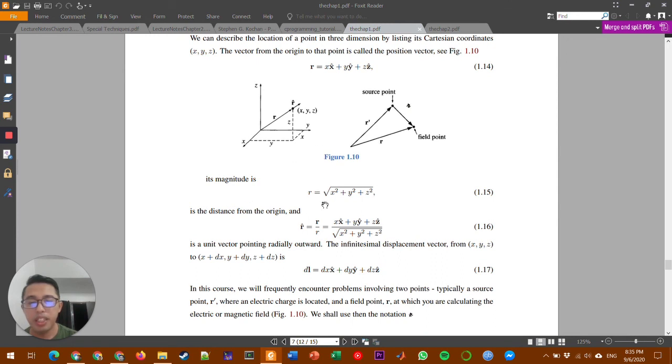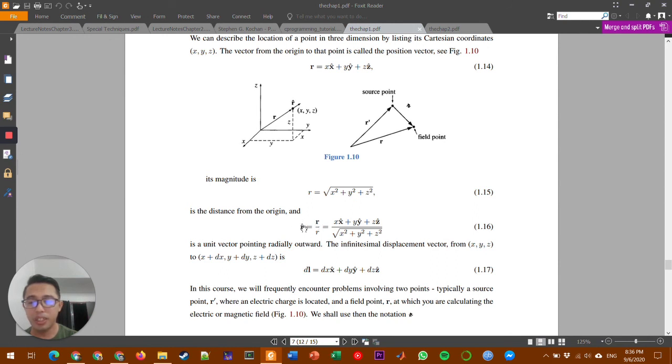The unit vector is given by this. The r hat is just equal to the vector r over its magnitude, right? The formula is r equals the magnitude r times r hat.